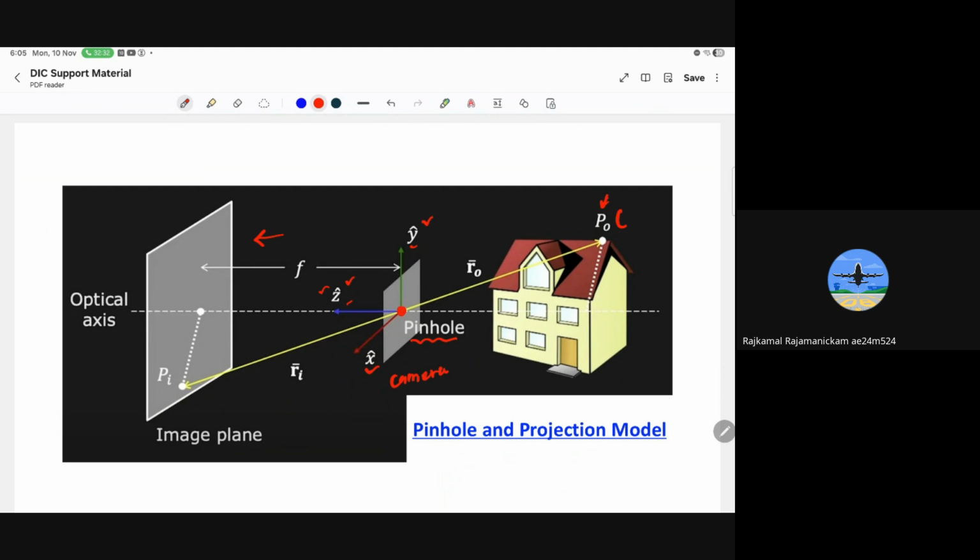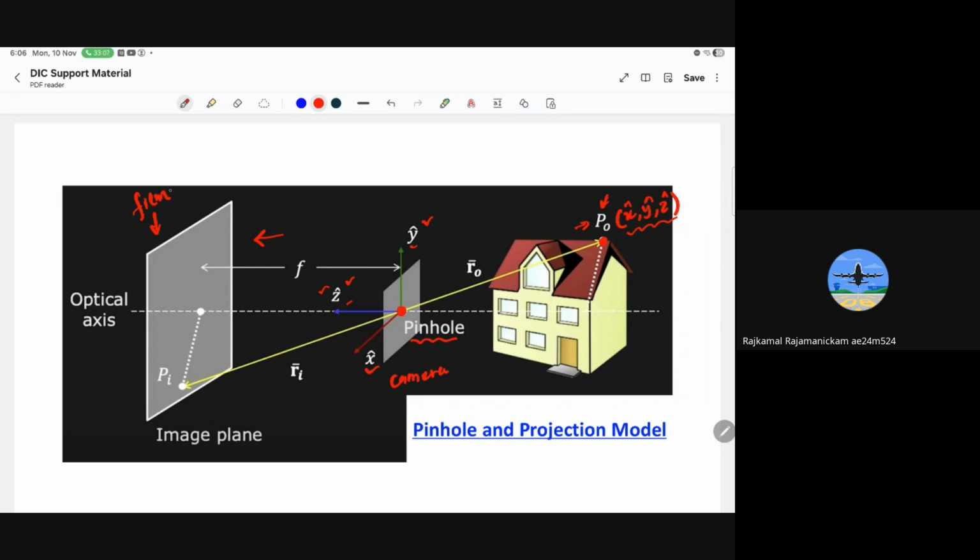The camera is looking at some object, so we have a point P0 for which we have the coordinates in the camera coordinate system X, Y, and Z. Then corresponding to this point, the light is passing through this pinhole, and we have the collection of light forming on the film.